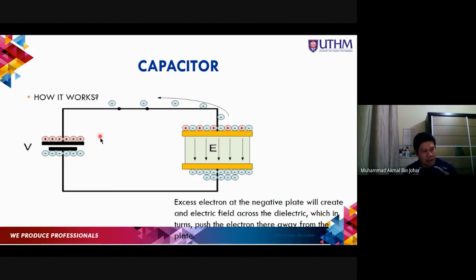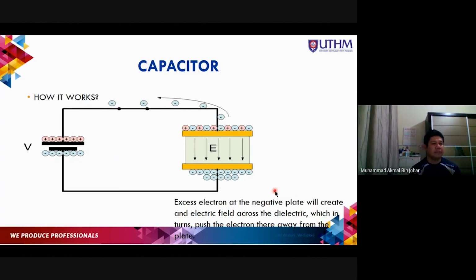The positive moves to the positive plate, and the negative moves, transferring the charge. The excess electrons on the negative plate create an electric field across the dielectric, which in turn pushes the electrons away from the plate.